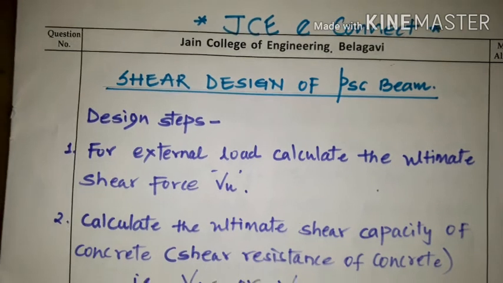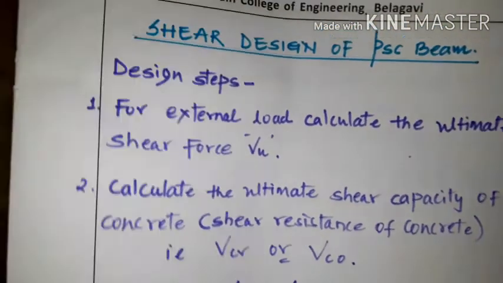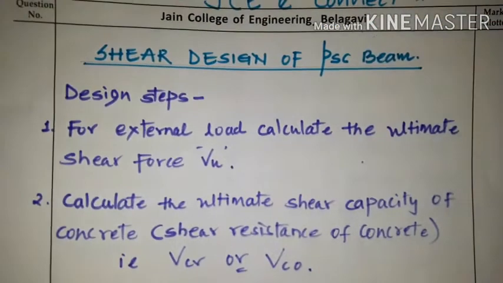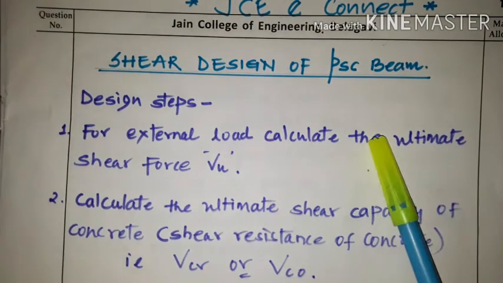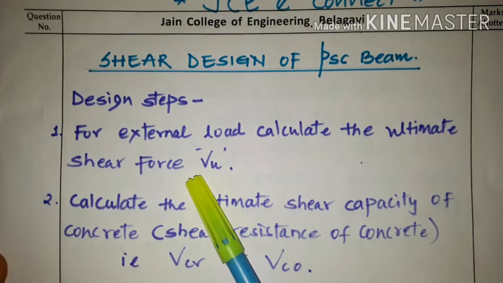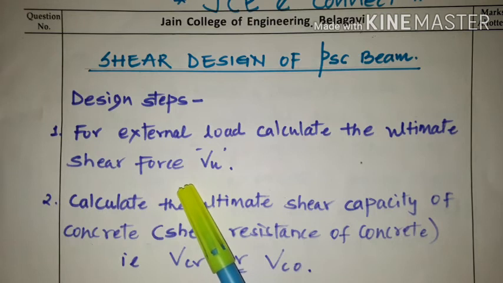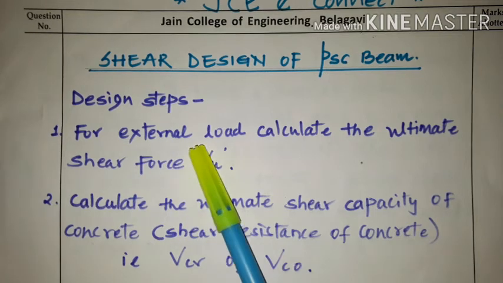Here the first step is, for external load calculate the ultimate shear force Vu. The shear generated over the beam, you have to find out by using the external load.